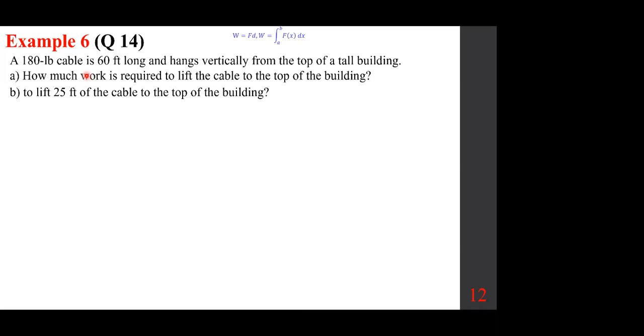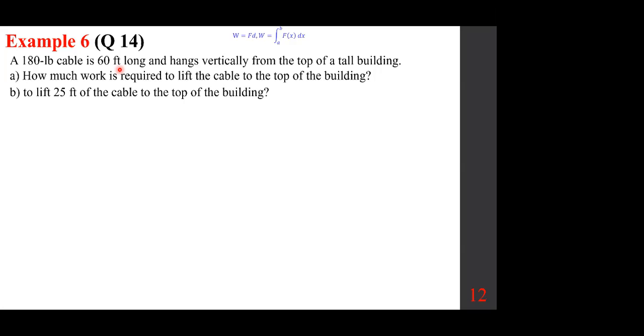Okay, so let's go over a couple of interesting things. When you have a 180 pound cable, 60 feet, remember for an increment of a cable, you have to know the density. The total mass divided by the volume, but in this case, we are interested in linear density.